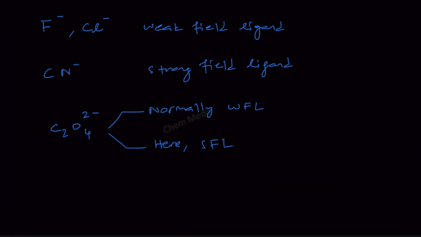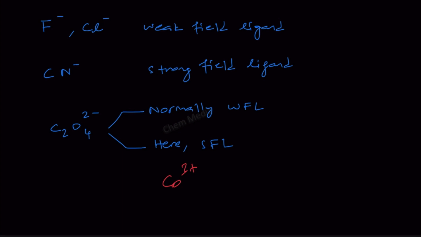Now we know that F- and Cl- are weak field ligands and cyanide is a strong field ligand, and oxalate normally is considered a weak field ligand, but here we have to consider oxalate as a strong field ligand. Why? Because the oxidation state of the central metal ion in this case is 3+.